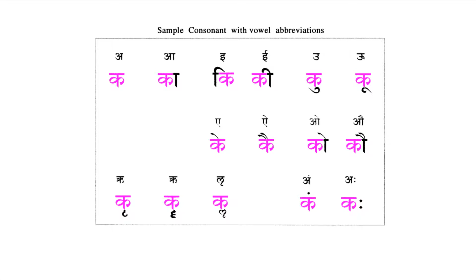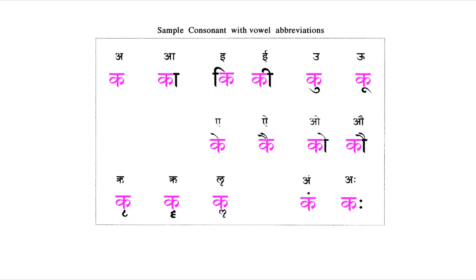I, below ki. The symbol i is represented with the consonant by a preceding vertical and a loop over the top. Ii, below kii. The symbol ii is represented by a following vertical and a loop over the top.